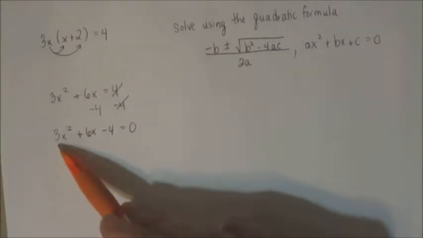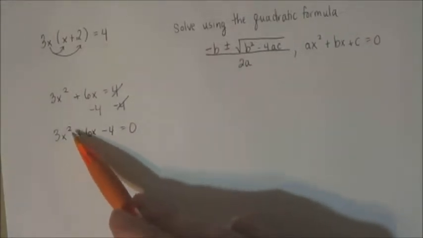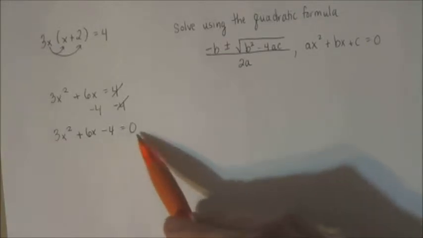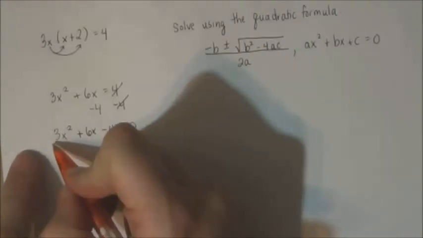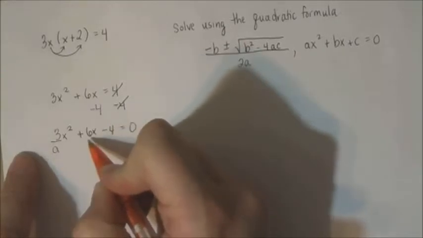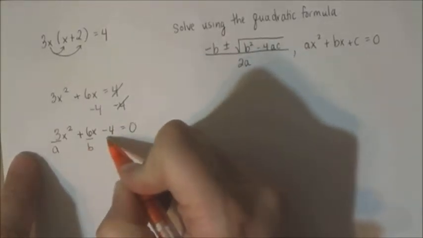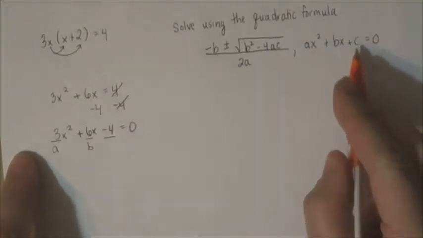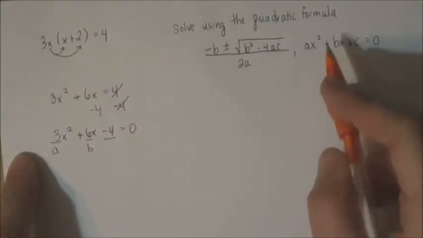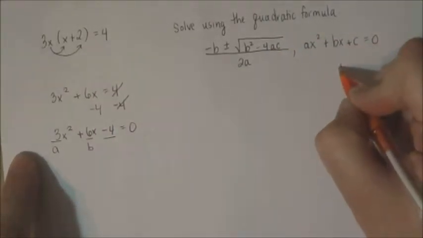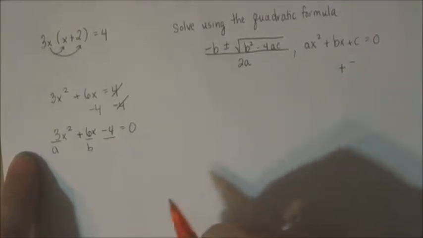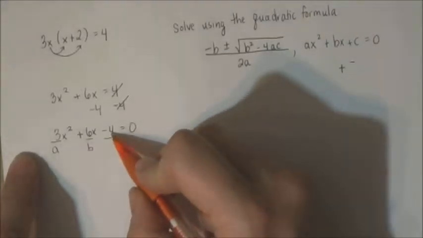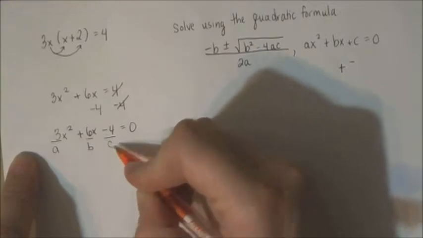Okay, now we have our equation in the format of 3x squared plus 6x minus 4 equals 0. So here we have a, here we have b, and the thing to notice is c is actually a negative 4. In this format you have a plus c, and a minus is the same thing as a plus negative. So negative 4 is our c.